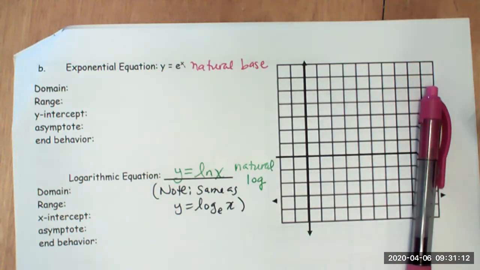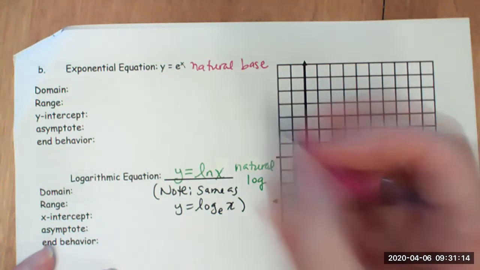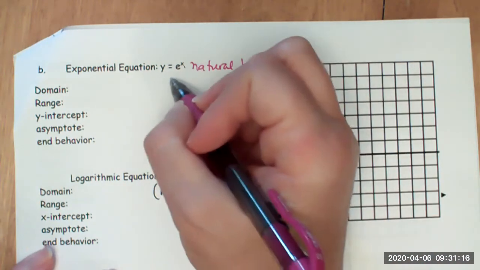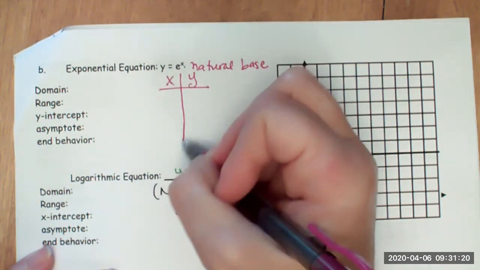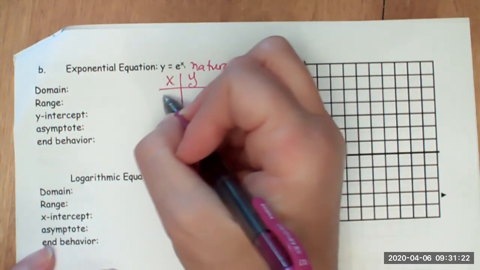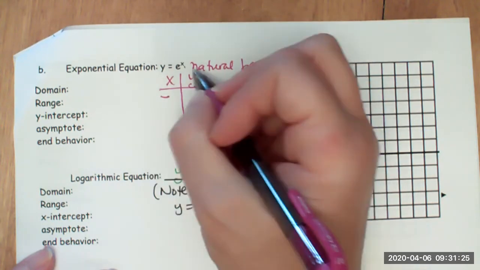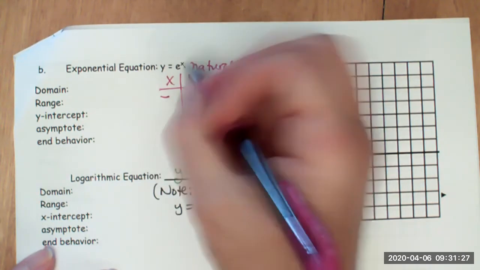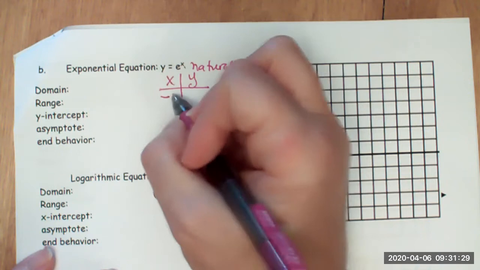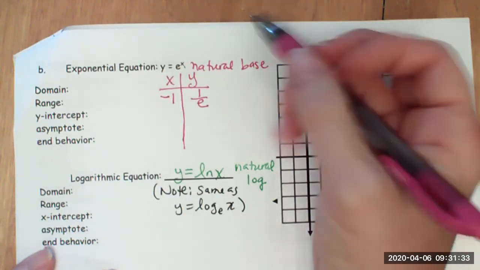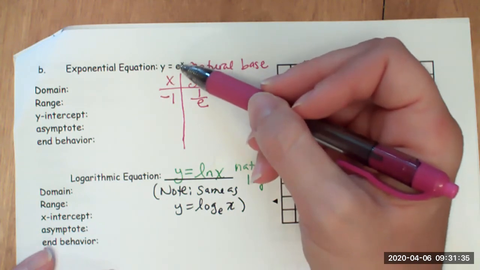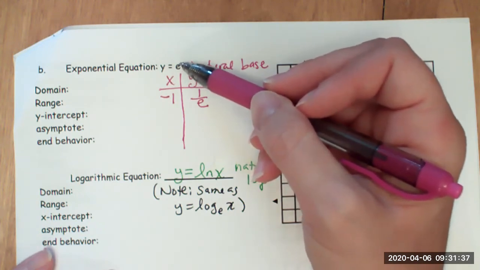Okay. So let's go ahead and make the parent table for y equals e to the x. So we have, again, -1, 1 over b, but b is base e. So this is 1 over e. And by the way, think for a moment about what base e is approximately.